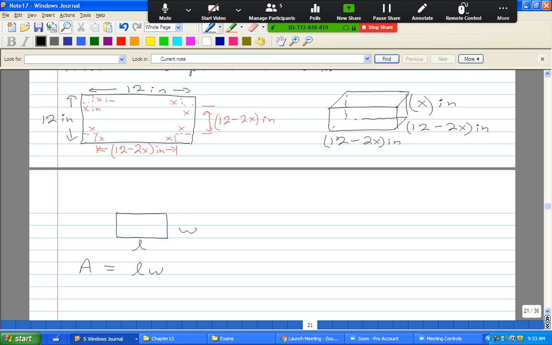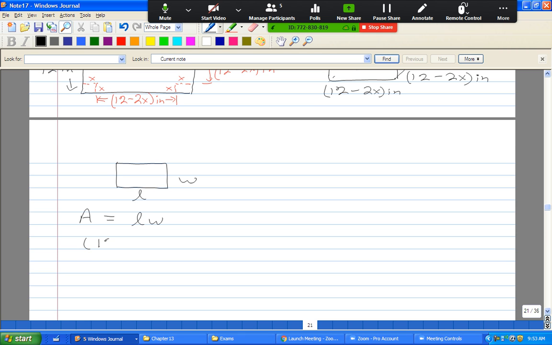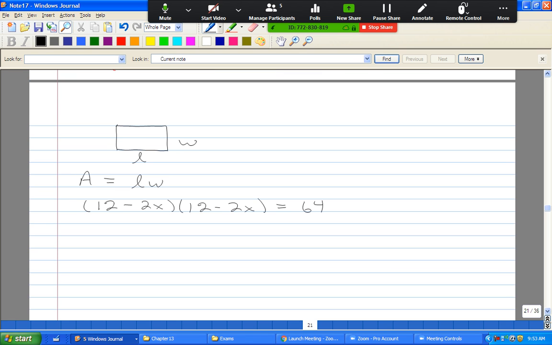And so I have that the area of the base is 12 minus 2x times another 12 minus 2x. And that's supposed to equal 64. Notice I can factor out a 2 from the first and a 2 from the second.